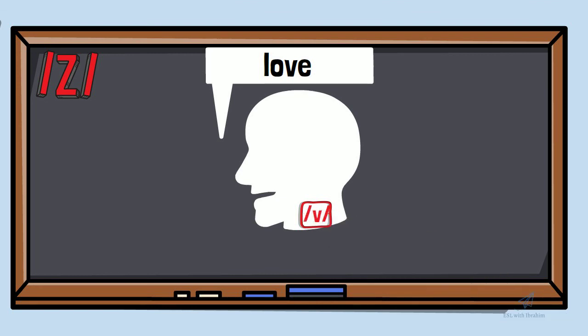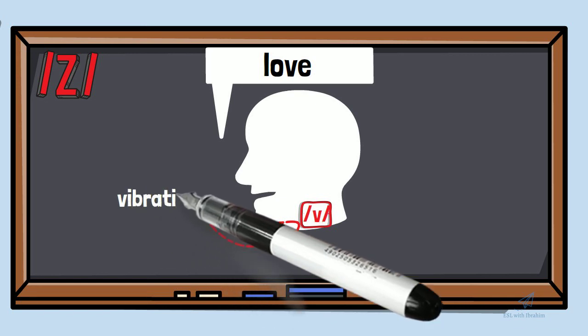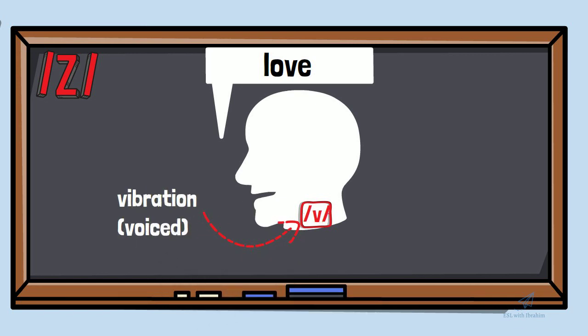The sound /v/ is the final sound in this word and it's vibrating, isn't it? Can you feel it? Of course you can. If the verb ends with a voiced sound, then you pronounce the final S with a voiced sound as well. That is the /z/ sound. Love, loves. It's vibrating all the time, right?